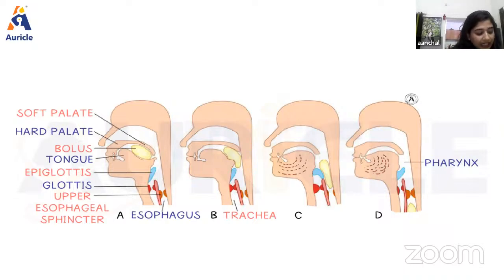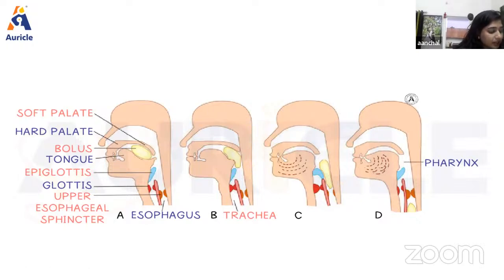Now, the larynx lies anteriorly and is continuous with the respiratory passage. As we can see in the diagram also, here we have the voice box, that is also known as the larynx, and it is continuous with the respiratory passage. Now, the esophagus lies behind the larynx. As we can see in the structure, here we have the esophagus.